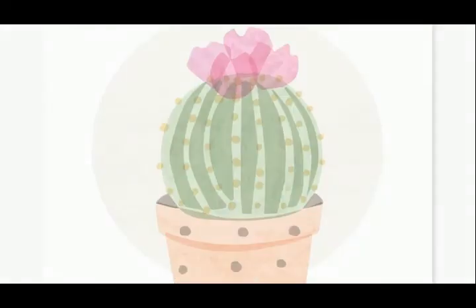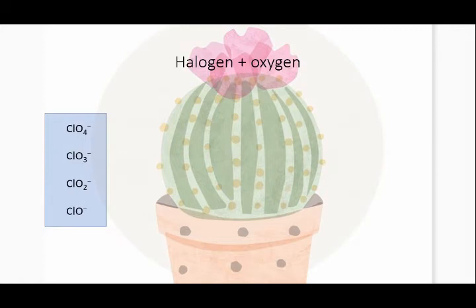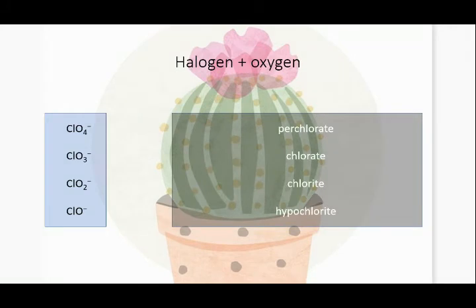The last one is polyatomic ions that consist of halogen atom and oxygen atom. From this combination, it can form 4 polyatomic ions, which are perchlorate, chlorate, chlorite, and hypochlorite.